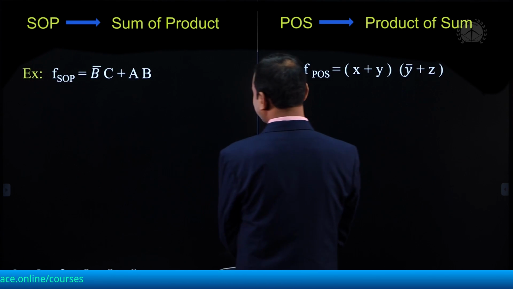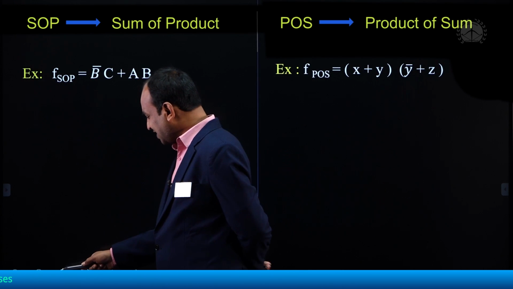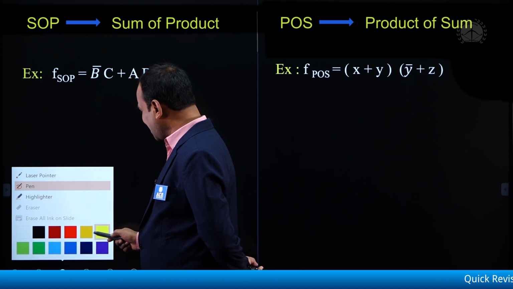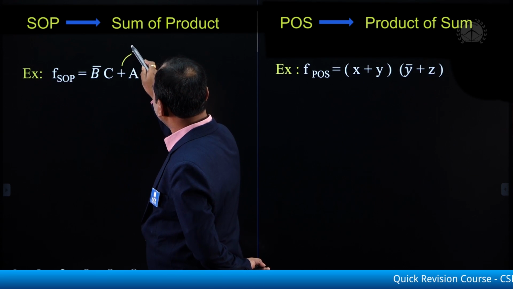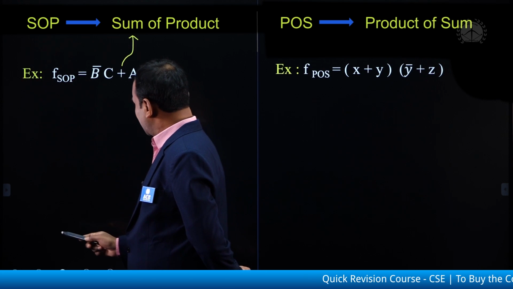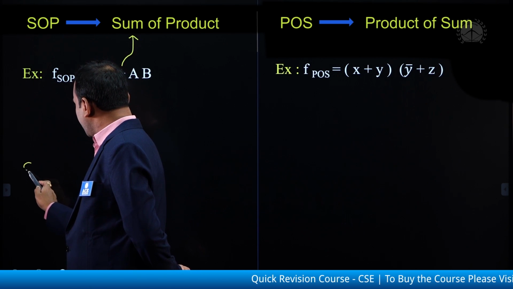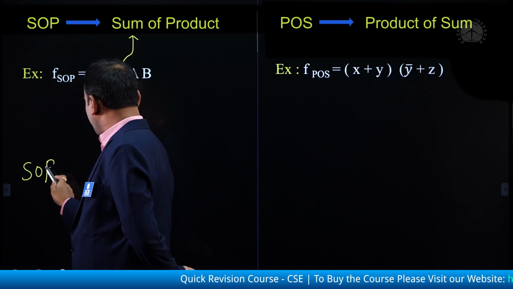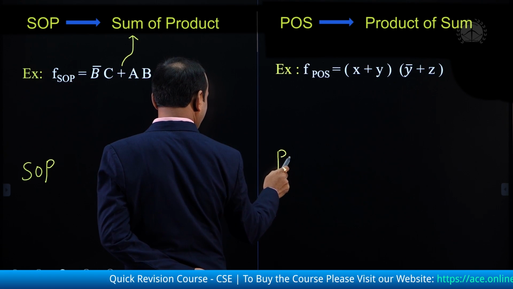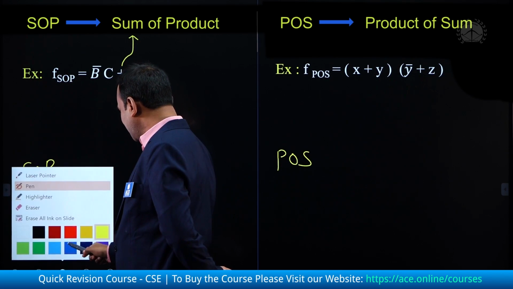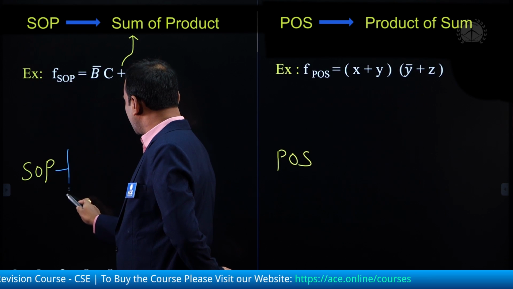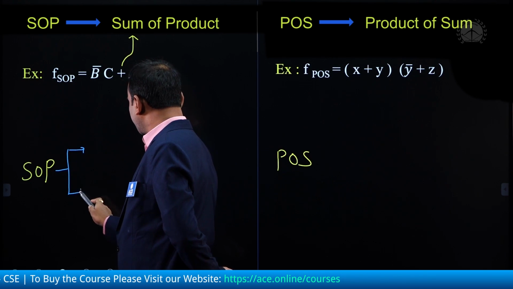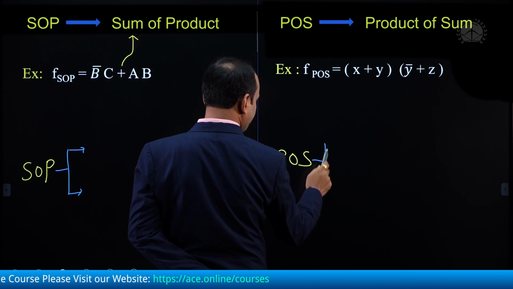Both examples. Here, dear students, between the two terms, tell me, what is the operator here? Sum is there. So what is SOP? I am writing SOP and POS. Here we will observe the major difference. What is the difference here?